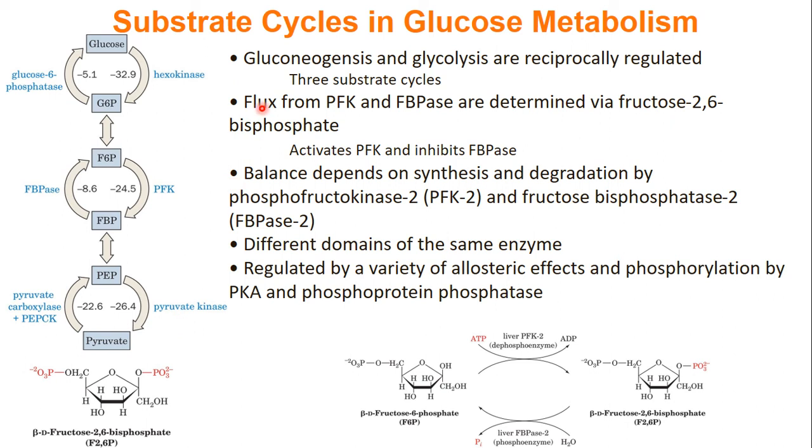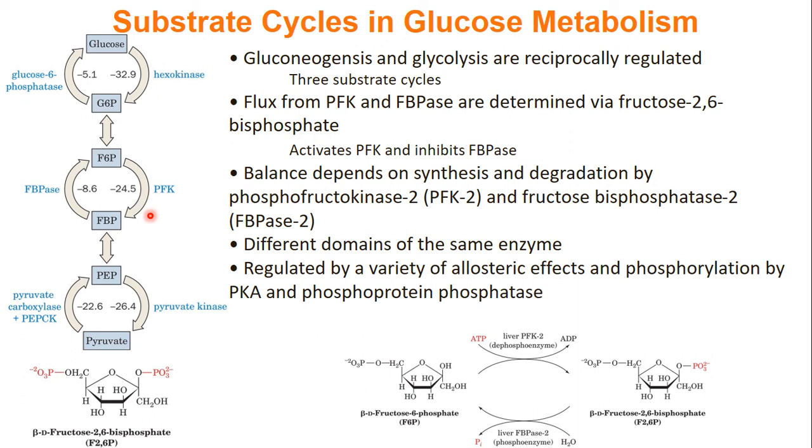And flux from PFK and FBPase, which is our second substrate cycle, which again, remember, is the rate determining step of glycolysis, is determined by a molecule, fructose 2,6-bisphosphate. Note that we usually use fructose 1,6 in glycolysis. Here we're using fructose 2,6 for inhibiting and turning on an enzyme.